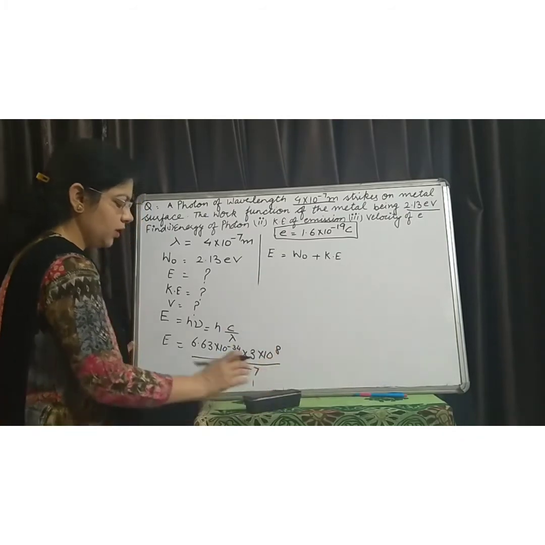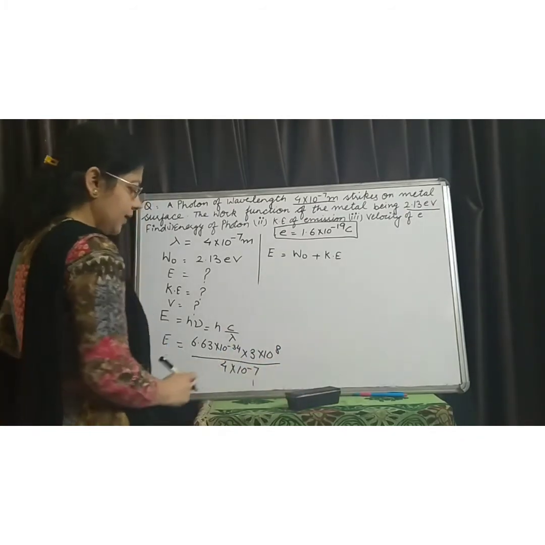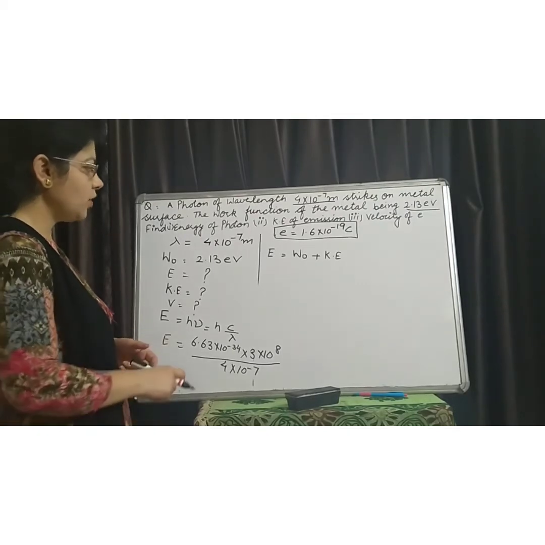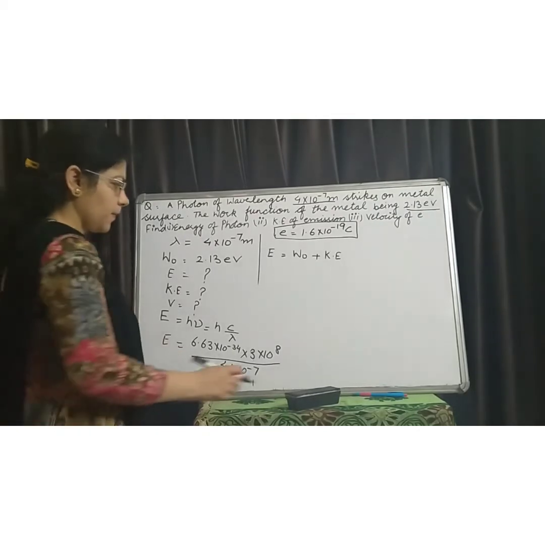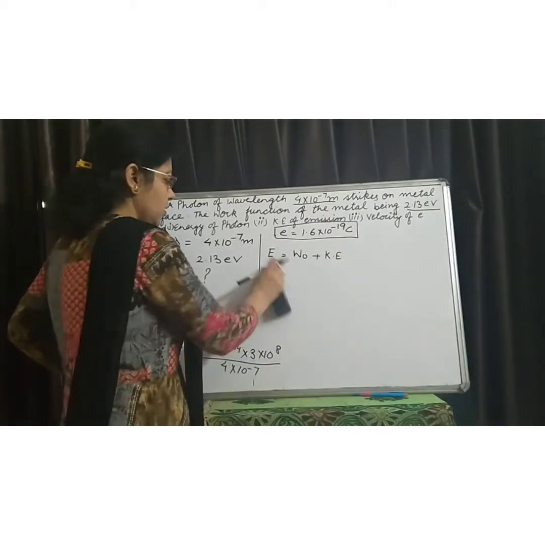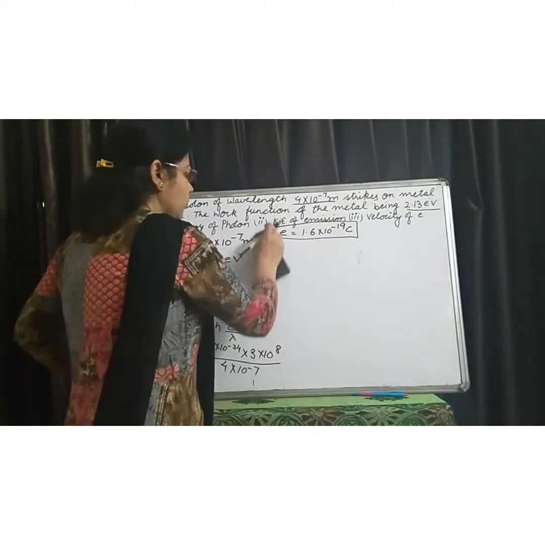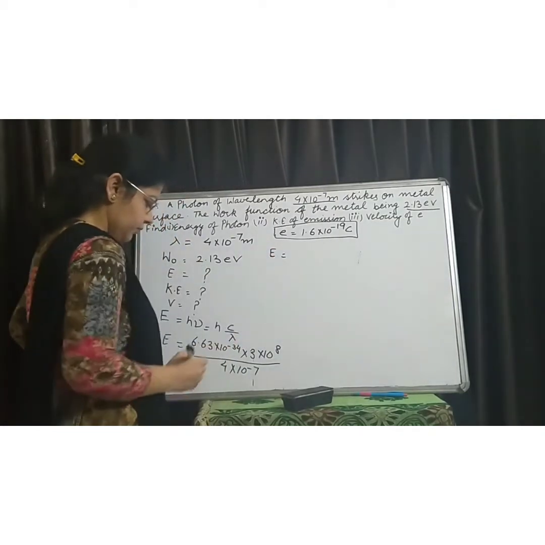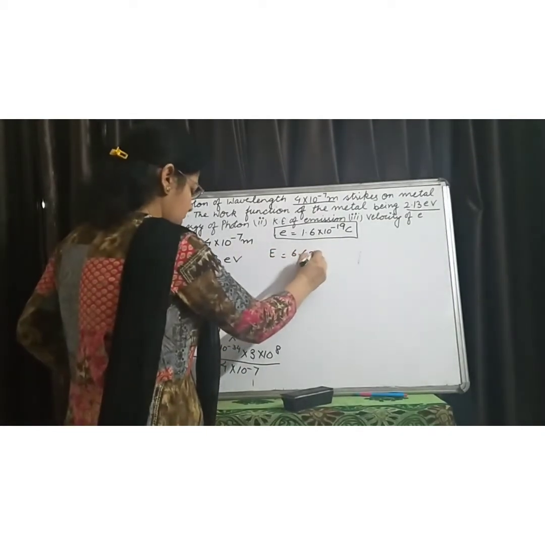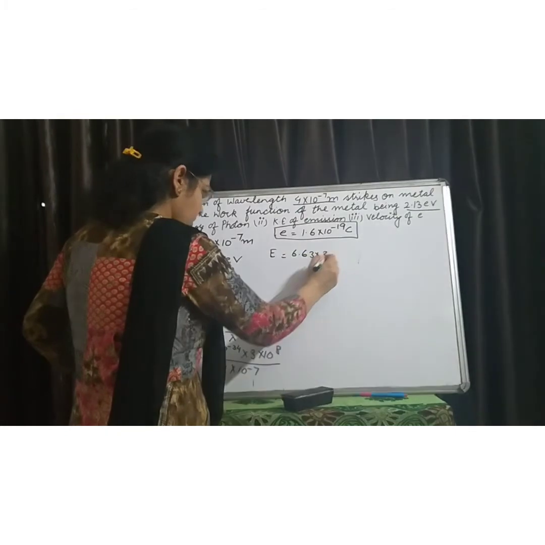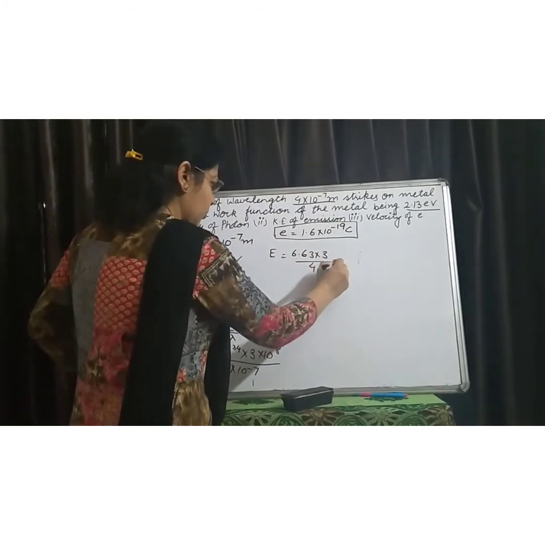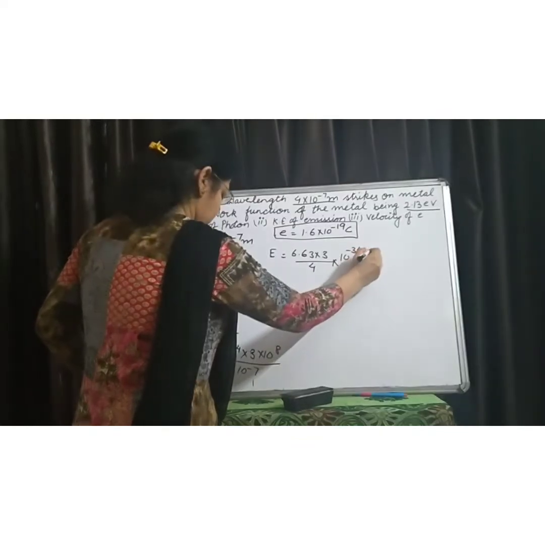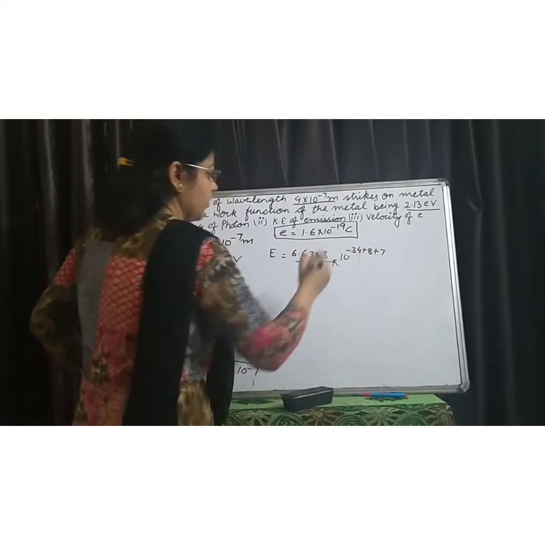When you solve this, you find the energy of the photon, which is 6.63 × 3 upon 4 into 10 raised to power -34 + 8 + 7.